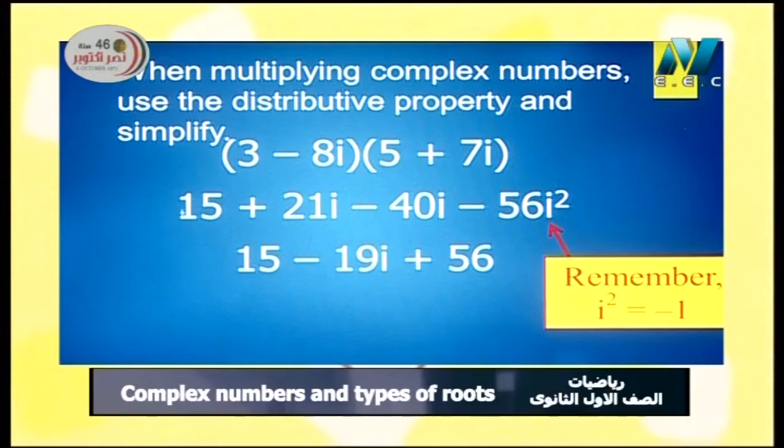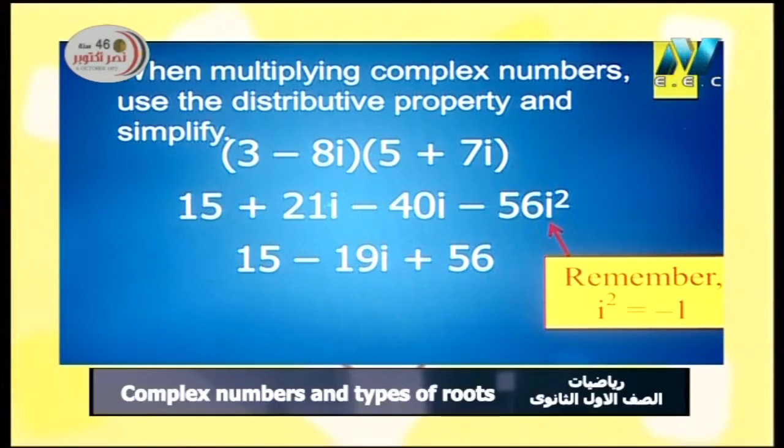You have 15 here, and 15 has no other like term. Here we have 21i, negative 40i, negative 56i squared. We have just 15. Because of that, 15 will stay as it is.